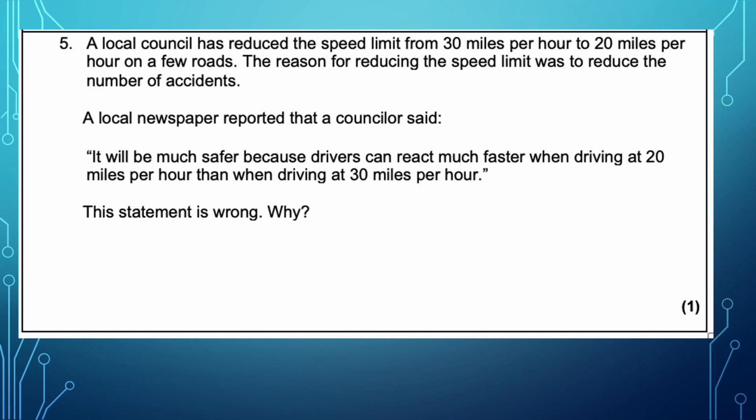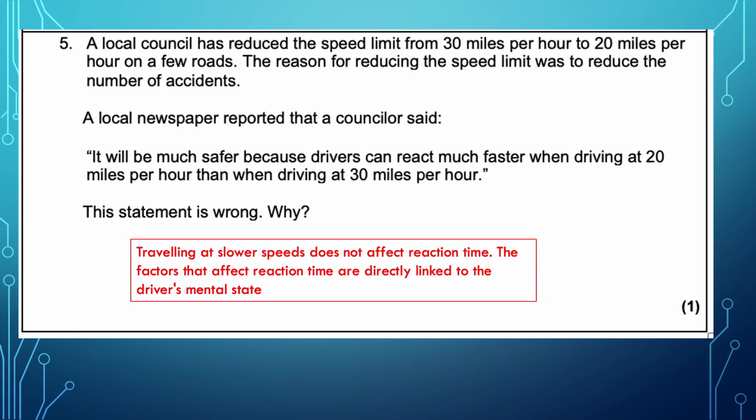Why? This was actually a bit of a head scratcher because you might think, well, yeah, that makes sense. I can react faster if I'm going at slower speeds, because if something is slower, then I can react faster. But this is actually fundamentally wrong, because if you're traveling at a slower speed, it doesn't really affect your reaction time.